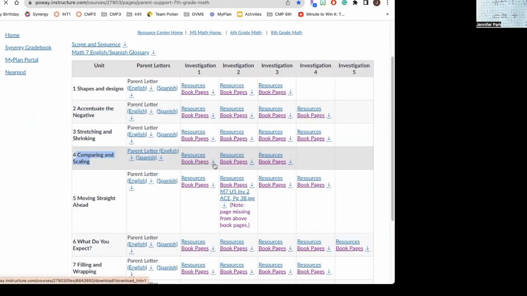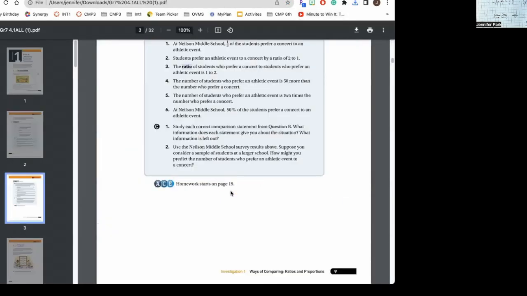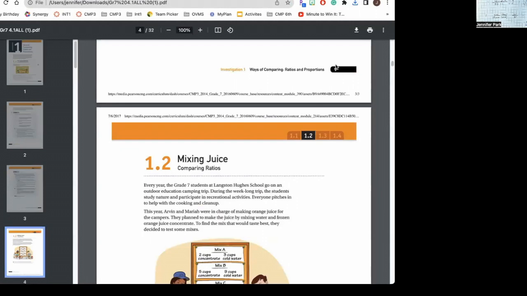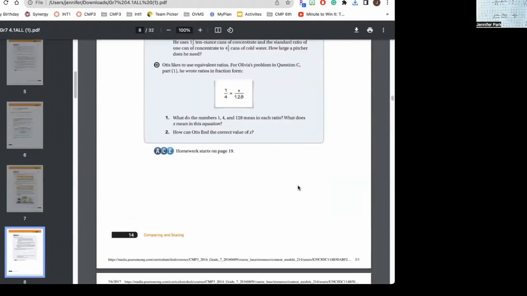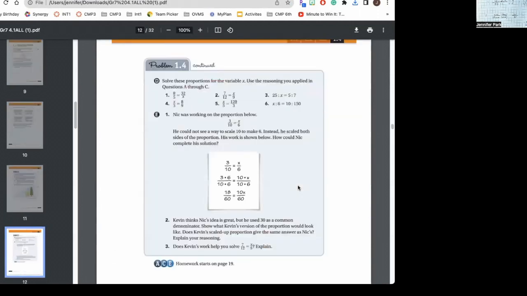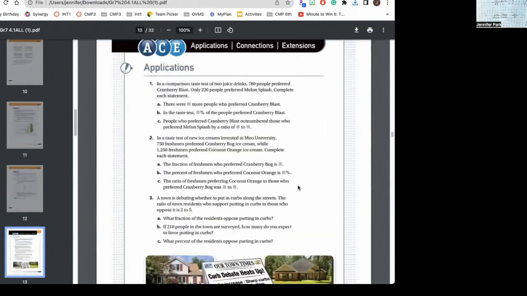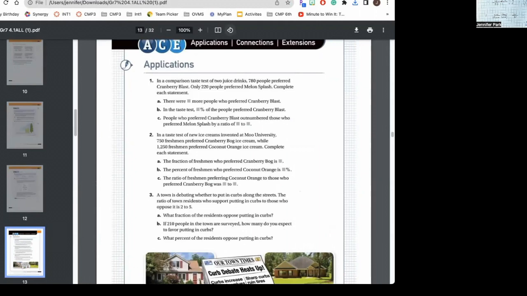This is our first lesson. So Investigation 1, make sure you download it on your Chromebook. And then once you have downloaded it, you can open up that download as a file and go all the way down. Look at the bottom corner for page 19. Page 19, and you will see the ACE problems there.